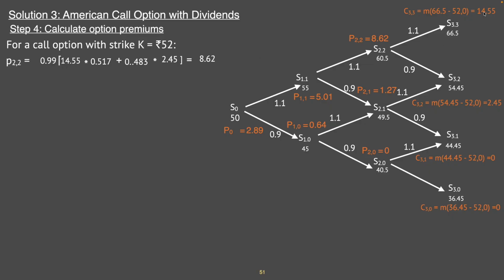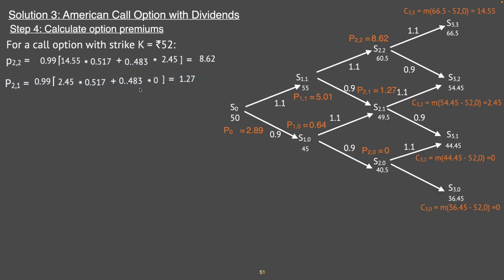So here 14.55 into the probability of up move, 0.517, which we calculated using the risk neutral probability, plus the probability of down move, 0.483, into C32, which is 2.45. So the P22 value comes to 8.62.